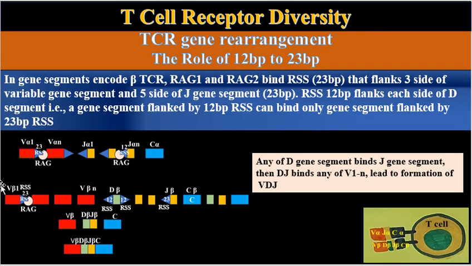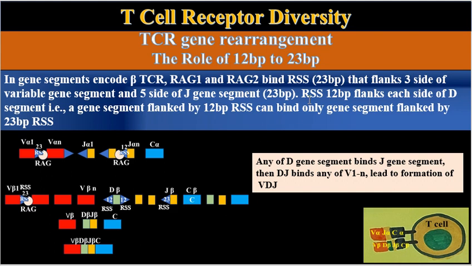For gene segments that encode beta TCR, RAG1 and RAG2 bind recombination signal sequence 23 base pair, as can be seen here, that flank the 3 prime side of the variable gene segment and 5 prime side of the joining beta gene segment.